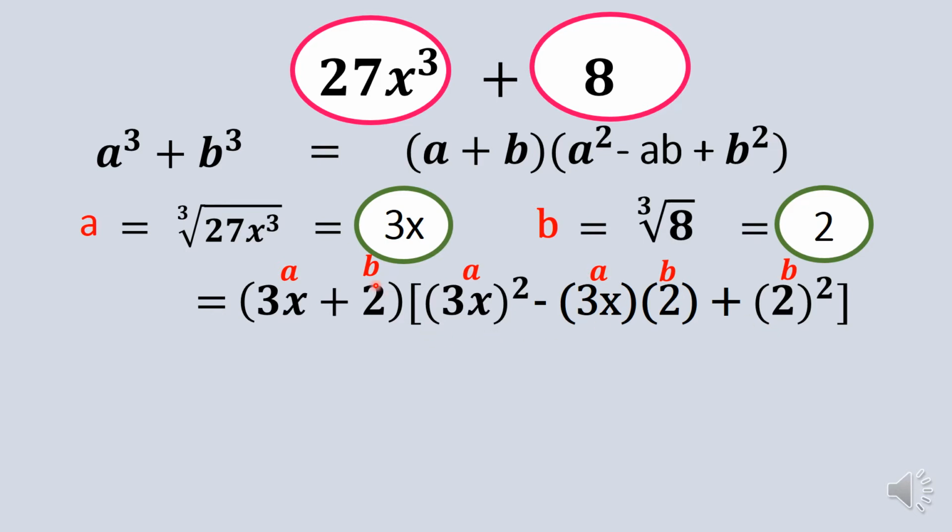After substituting all the values of a and b into our factored form, we can now simplify, especially the parts with exponents. The quantity 3x squared means two 3x's. Then 3x times 2: 3 times 2 is 6, then copy x, so we get 6x. Then the quantity 2 squared means 2 times 2.